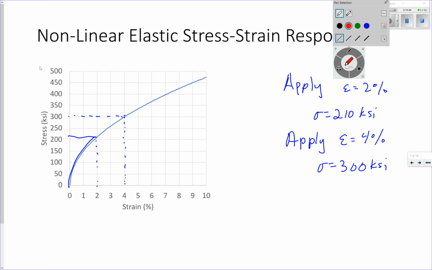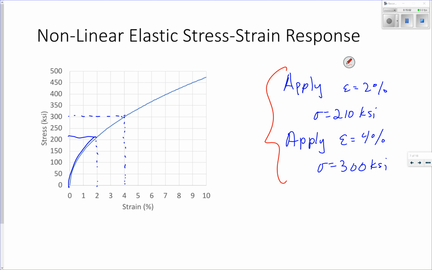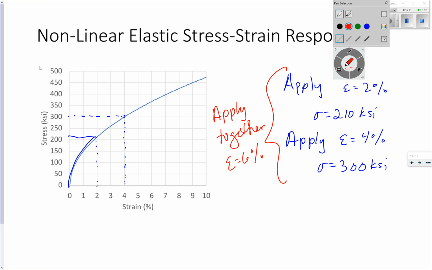So if superposition can apply, I can now add these two loadings together, the one that resulted in a 2% strain and the one that resulted in a 4% strain. So I now have a 6% strain. Okay, if superposition applies, I can just add together those two responses, right?